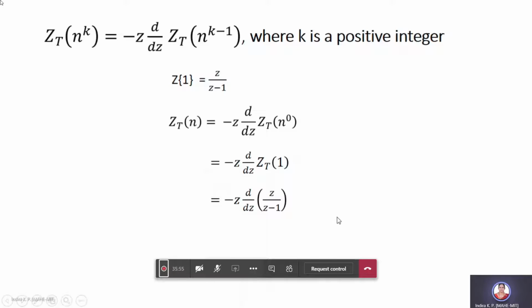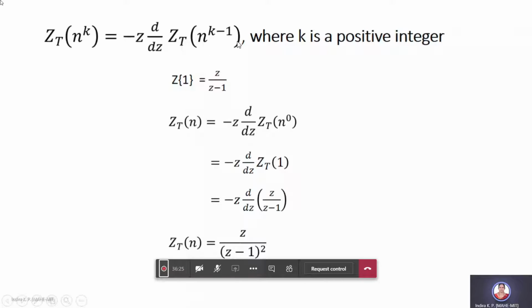Is this the answer that you have got? You can differentiate this z by z minus 1. It comes out to be minus 1 by z minus 1 whole square. So what you get is z transform of n is equal to z by z minus 1 whole square. So I've used the property that z transform of n power k is minus z into derivative of z transform of n power k minus 1. Now I have z transform of n.